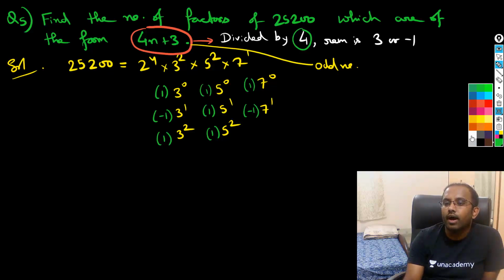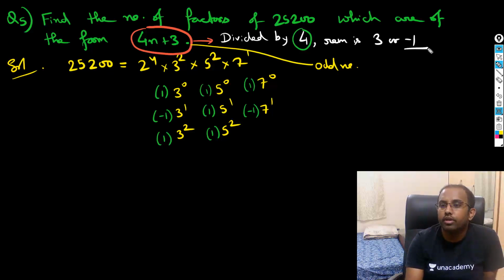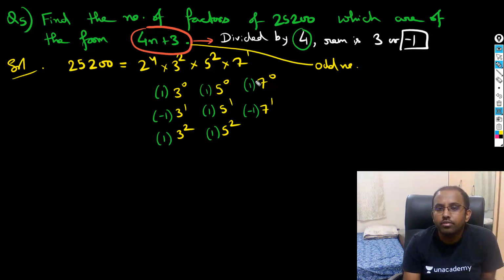Now if you see how many combinations will give you a remainder of -1 here, right? So basically I can form combinations here. If I look at these values, guys, from 1 I can take up these values and I want a remainder of -1. That means from this 1 I can go in 3 ways, right?